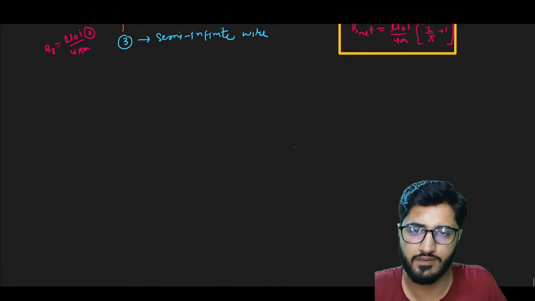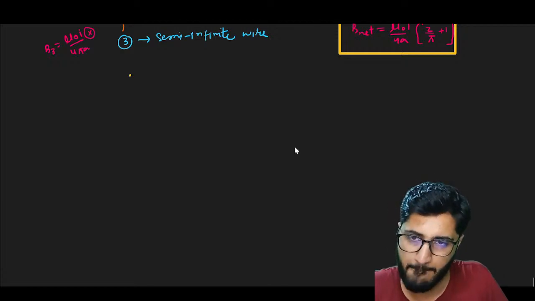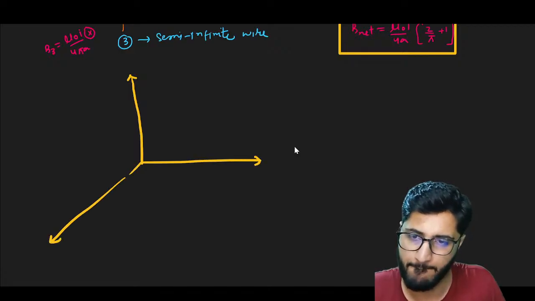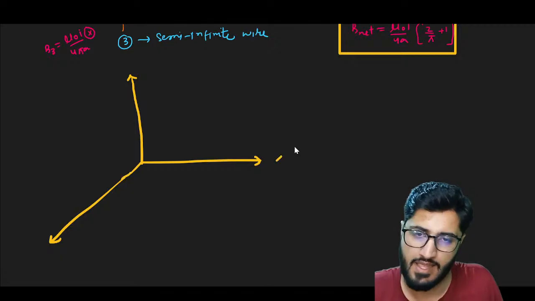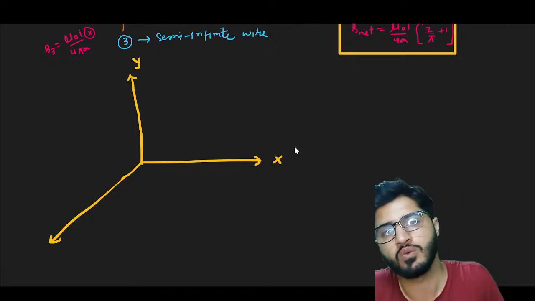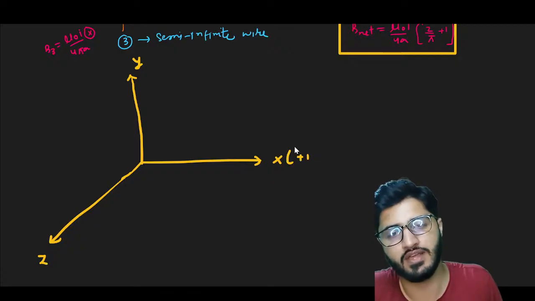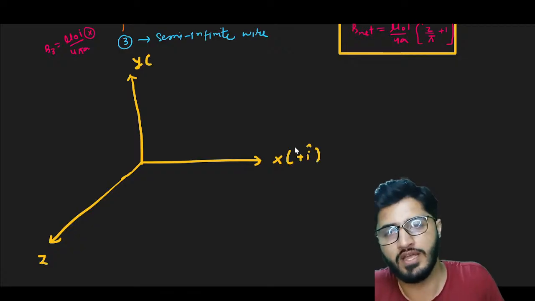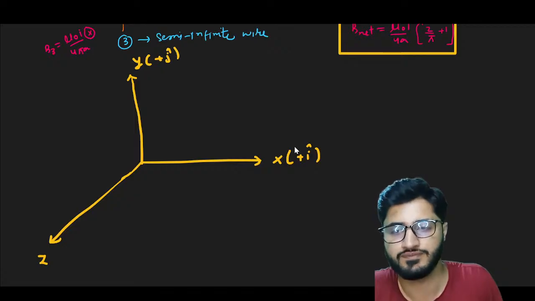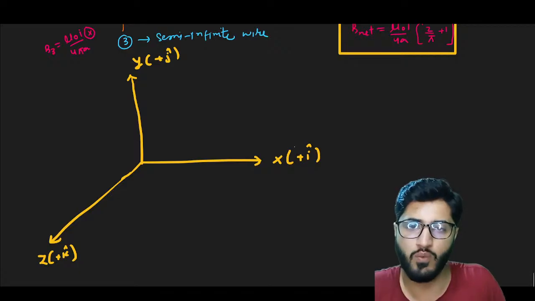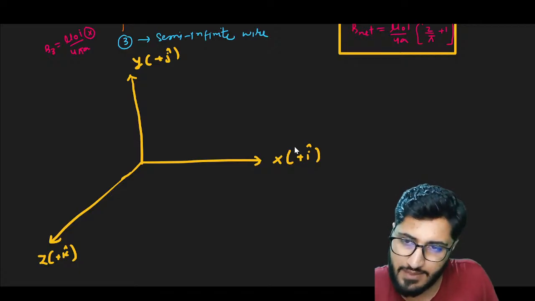We are having a 3D system: x-axis, y-axis, z-axis. X means plus i cap, y means plus j cap, z means plus k cap. Now we have a wire. The wire is coming in this way.